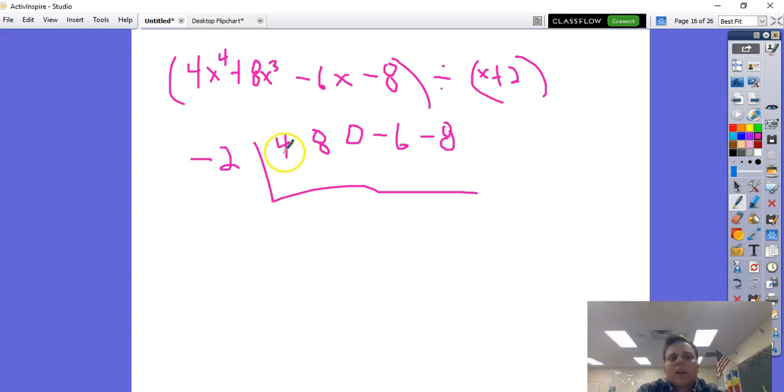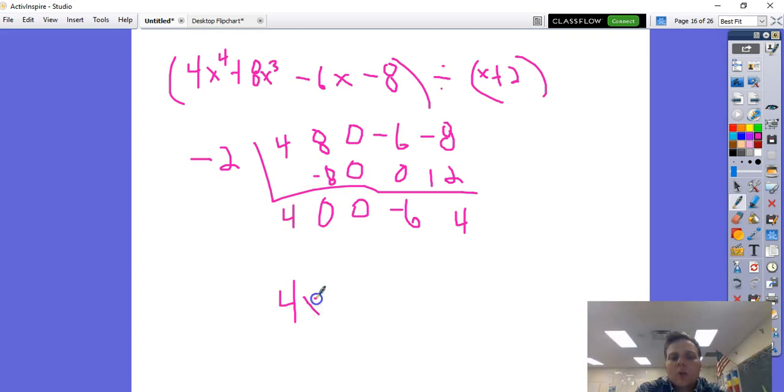So, carry down the first number, multiply, add, multiply, add, multiply, add, multiply, add. The last number is your remainder. This is the constant, this is the coefficient on x, coefficient on x squared, coefficient on x cubed. So, 4x cubed minus 6, I don't need any of that 0 junk, it doesn't do anything, minus 6 with a remainder of 4.